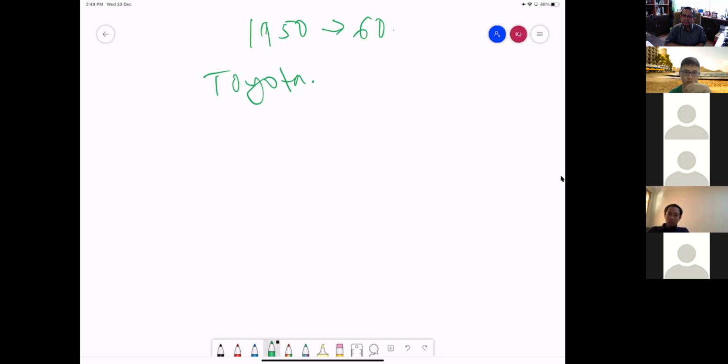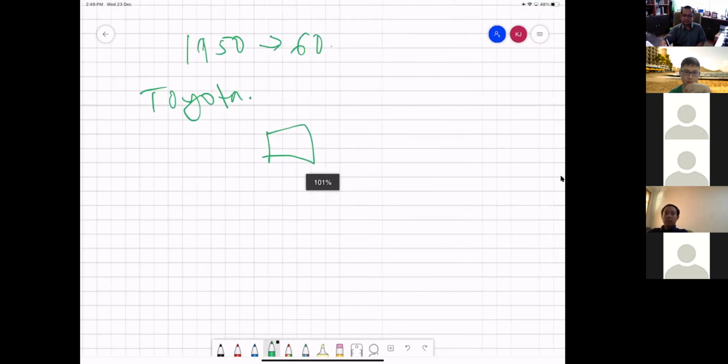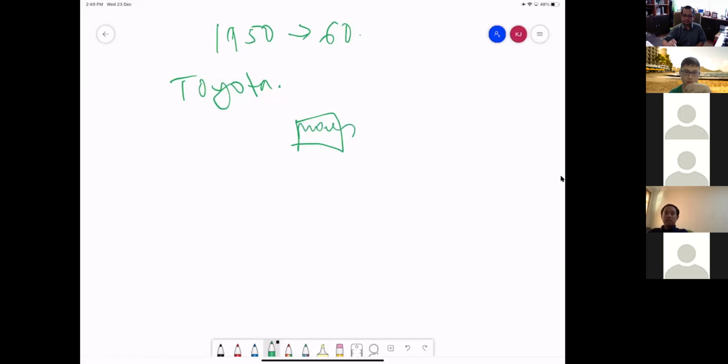Okay, we go back to Toyota. In order to survive with the money that they have, they had to find ways to stretch the money. The idea is, with the money that we have, they get orders from customers.